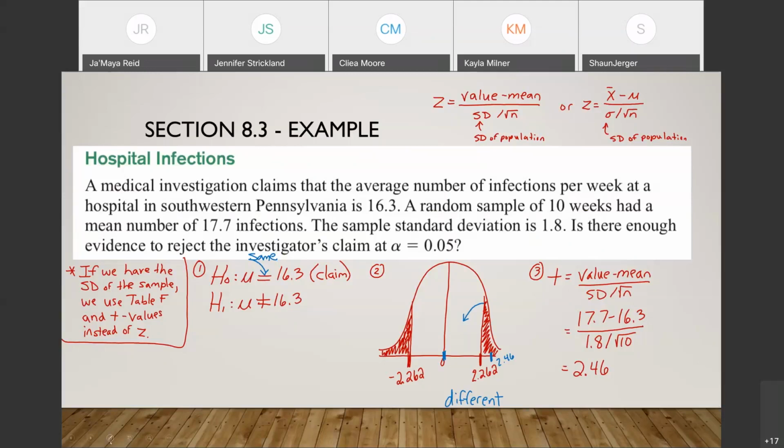I say they're different. The null hypothesis says they're the same. So what am I going to do in step 4? I'm going to reject. Okay, any questions there?